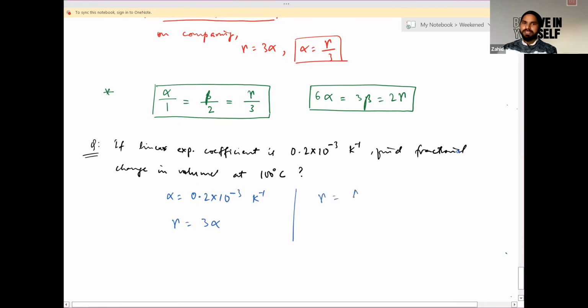Gamma was delta V by V naught times delta T. So delta V by V naught will be equal to gamma times delta T. Just put all the values in this part, you'll get the fractional change in volume.